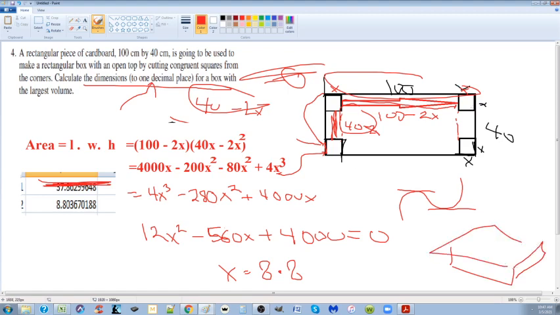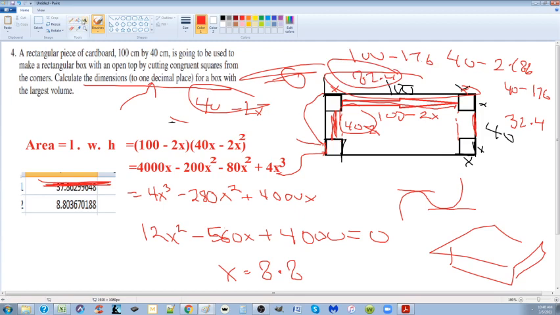Okay. And now we've got to figure out what the length of the box is. Well, it was 40 minus 2 times 8.8, which is 40 minus 17.6, which is 32.4. So that's one of the things. The other one is 100 minus 17.6, which is 82.4.